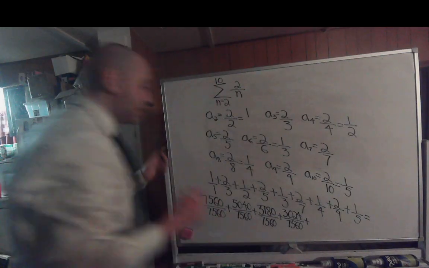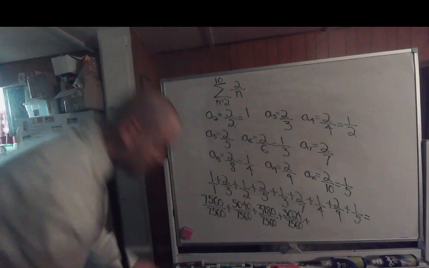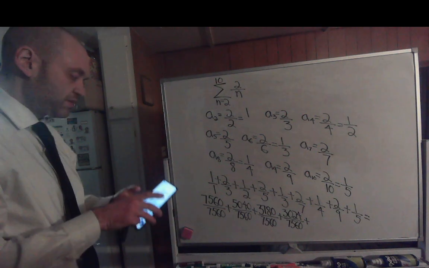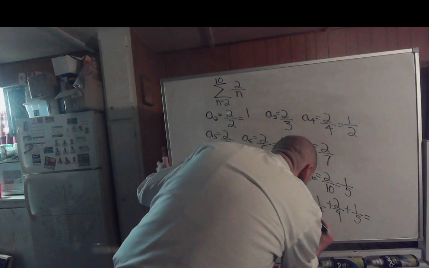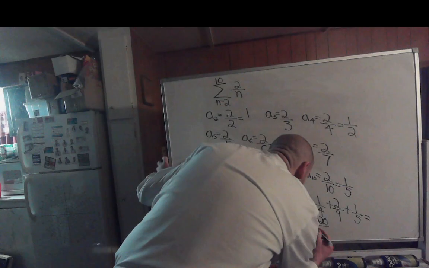Plus, oh no, we're not done yet. We still have the 1/3. So again, what was 7,560 divided by 3? Okay, multiply numerator and denominator by 2,520. This will be over 7,560.